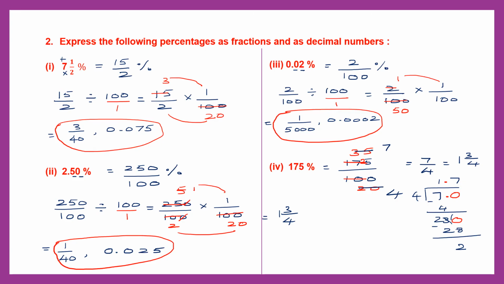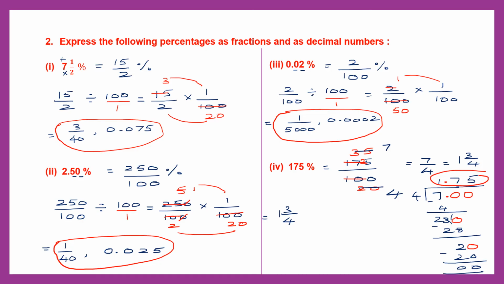Now again, as you can see, the remainder is not 0. So I'm going to continue my division by putting a 0 there, bringing the 0 down. So now my number is 20. 4 fives are 20. So with this, our remainder is 0 and our quotient is 1.75.